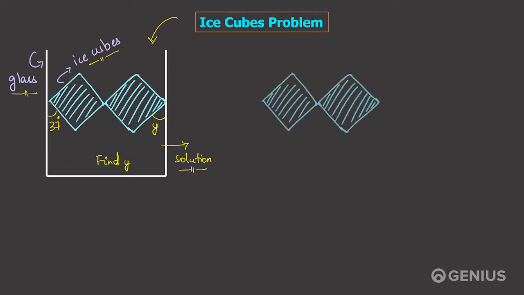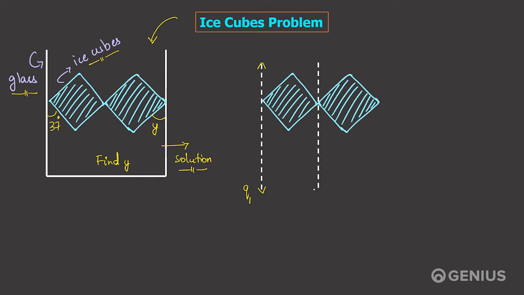First of all, let's draw a few parallel lines in this diagram. The side of the glass can be extended. So let this be line Q1.